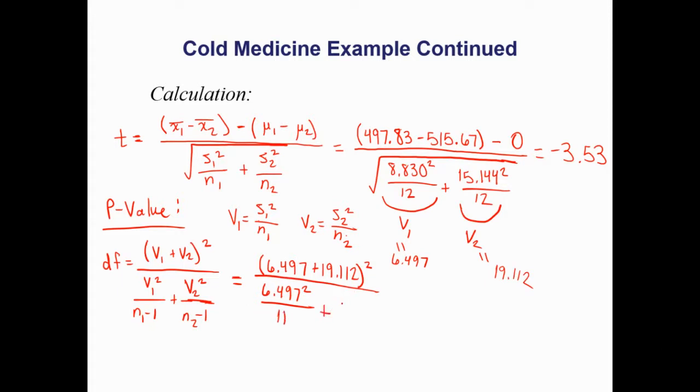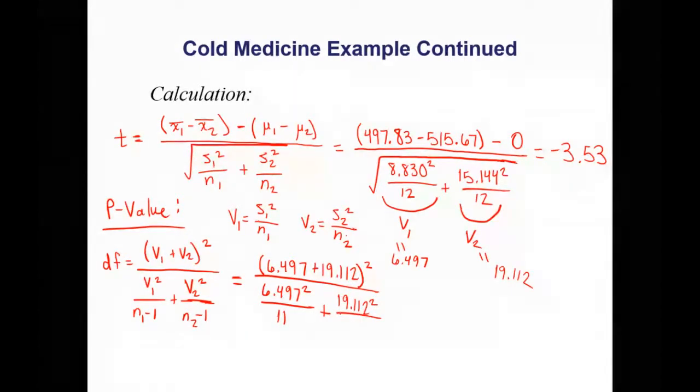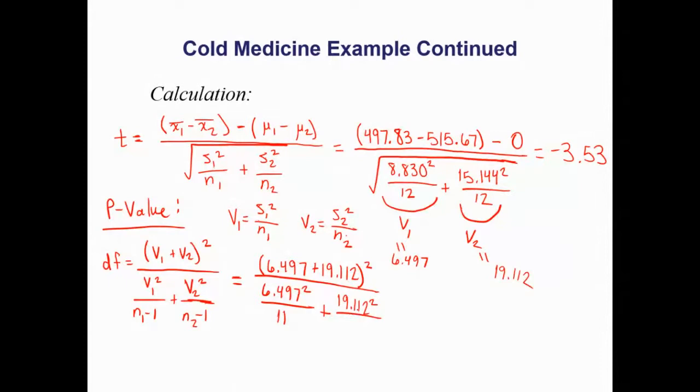Plus, and then we need V2 squared, so 19.112 squared. What's our sample size N2? Well, down N2 minus 1 would also be 11, yes.